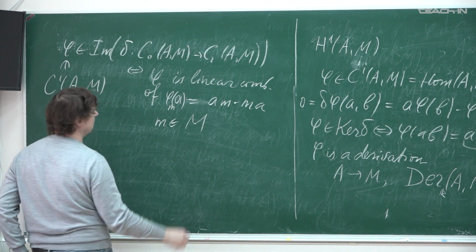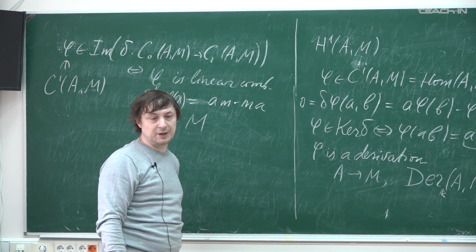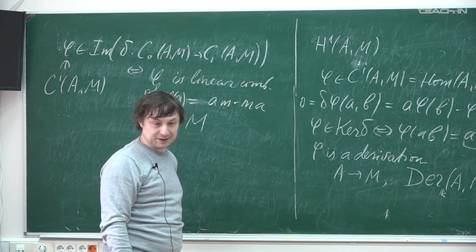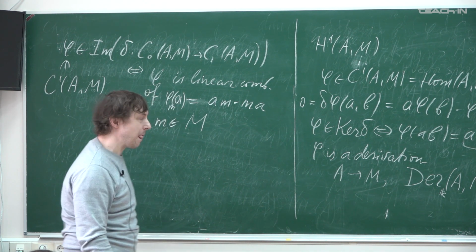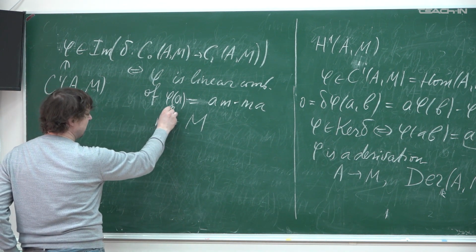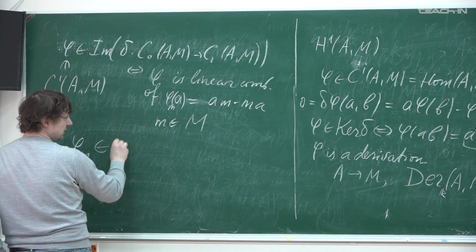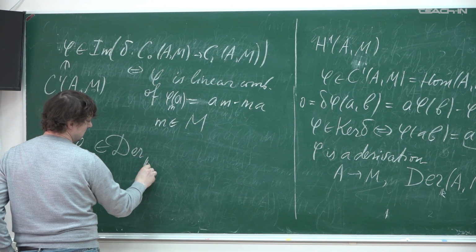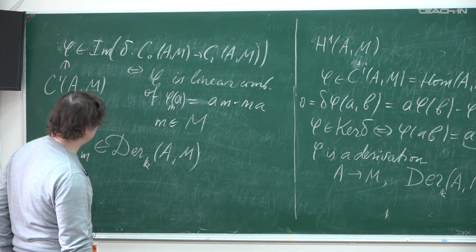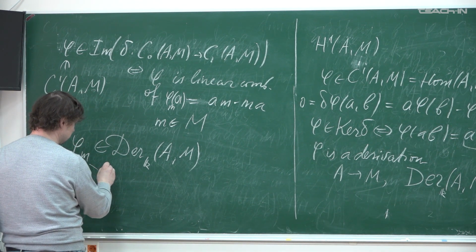Of course, every element of this form verifies the Leibniz rule. This follows from the properties of commutators, and also from the fact that the differential delta squares to 0. So phi sub m is always a derivation. In order to distinguish this particular case from generic derivations, people call these derivations inner derivations.